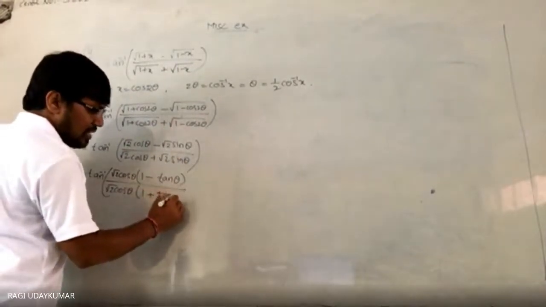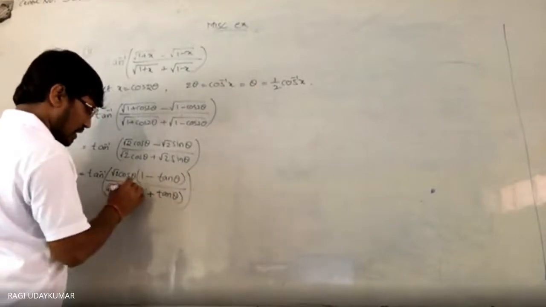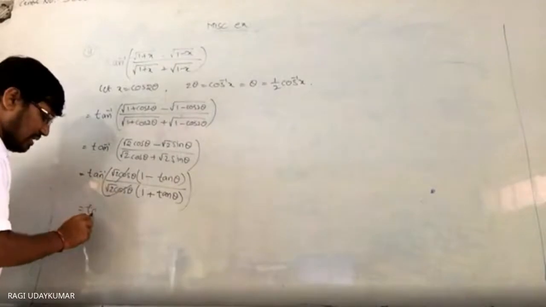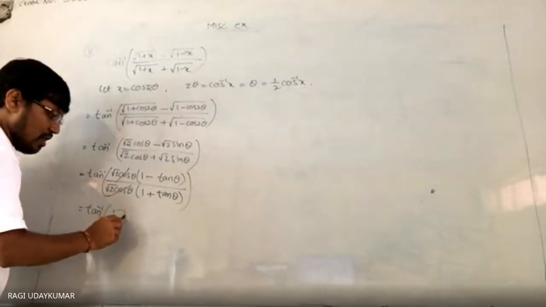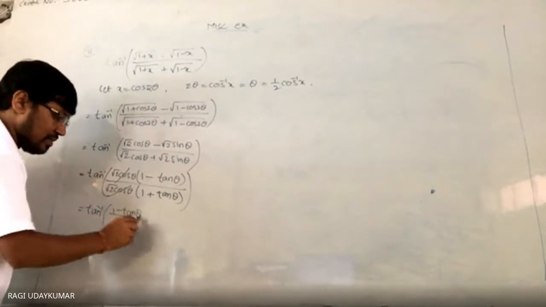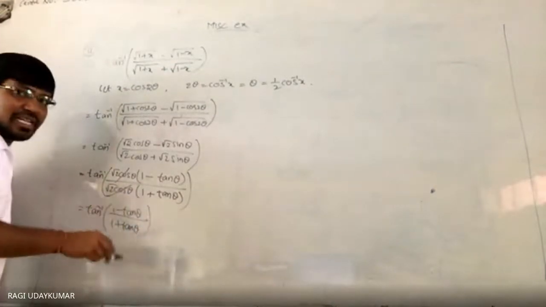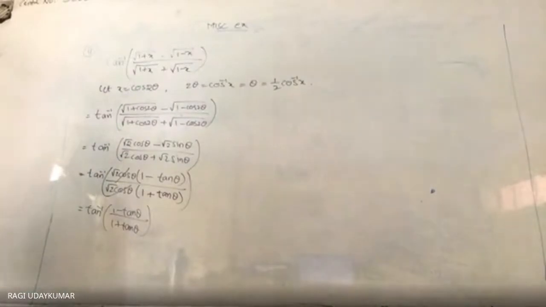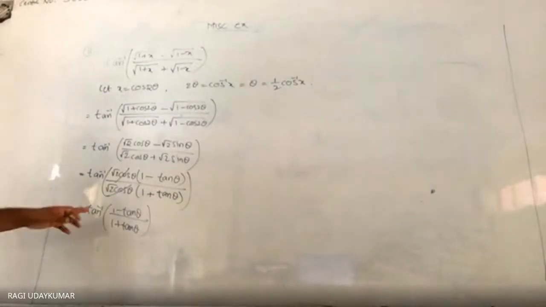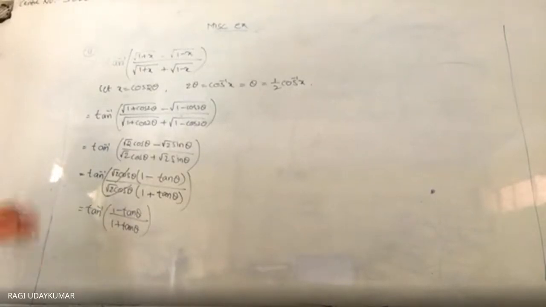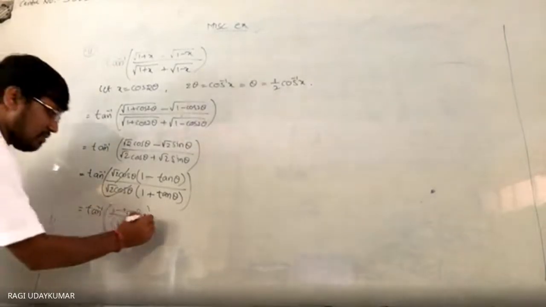Sin theta by cos theta is nothing but tan theta. So root 2 cos theta will get cancelled. Tan inverse of 1 minus tan theta by 1 plus tan theta. 1 can be written as tan pi by 4, no?